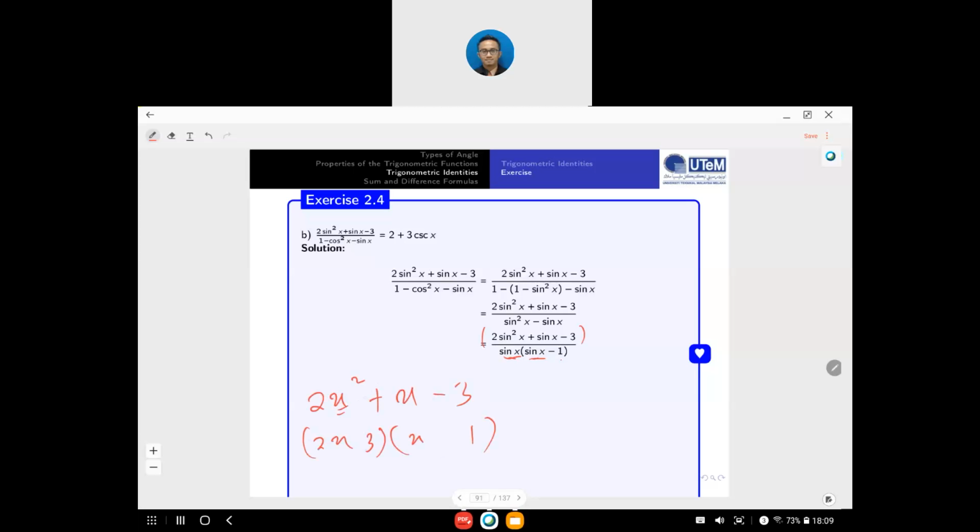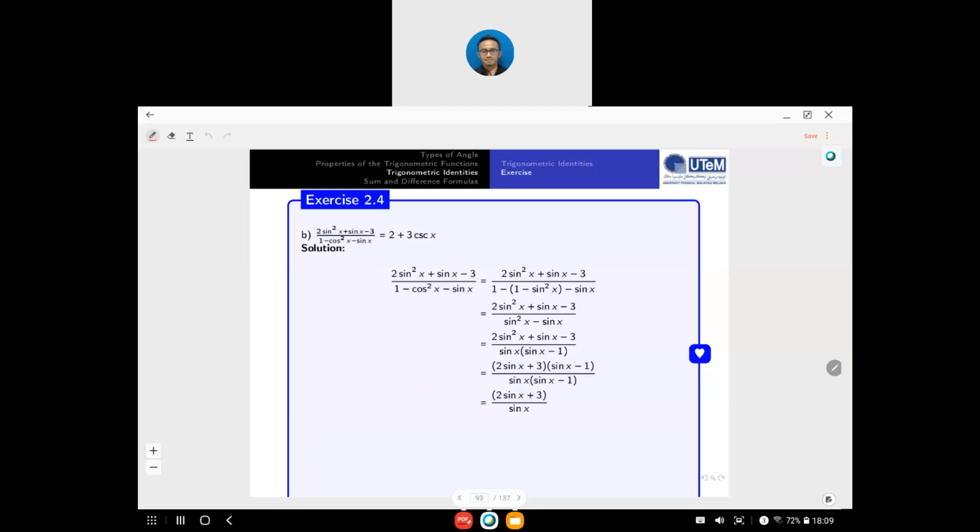Okay, and then here is plus minus. Okay, so awak akan dapat berapa? Awak akan dapat 2 sin x plus 3 times by sin x minus 1. Okay, and then this one you can simplify. Okay, so the remain is 2 sin x plus 3 divided by sin x.